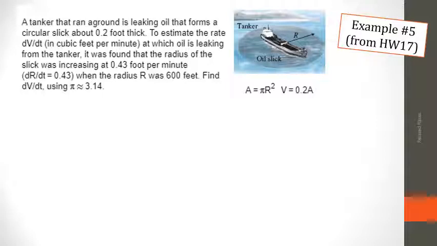To estimate the rate, dV/dt, in cubic feet per minute at which oil is leaking from the tank, it was found that the radius of the slick was increasing at 0.43 feet per minute when the radius was 600 feet. Find dV/dt using pi.